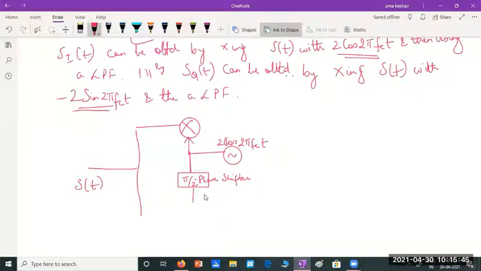At this point you will get minus 2 sin 2 pi fct. Remember 2 cos 2 pi fct, when I pass through a Hilbert transformer, I'll be getting a minus sin 2 pi fct for cos. So since the scaling factor is 2, that is retained. Now this also is multiplied with S of t. See here, S of t is supplied to both these.